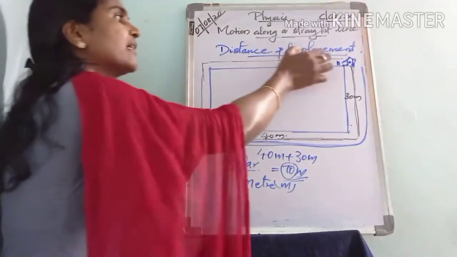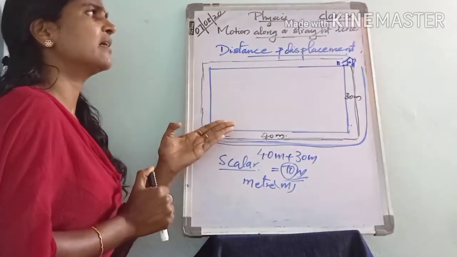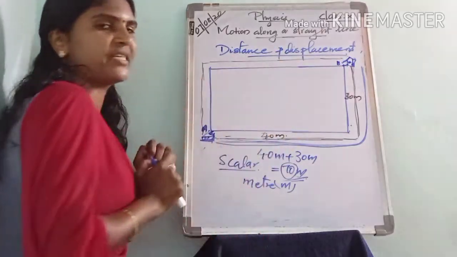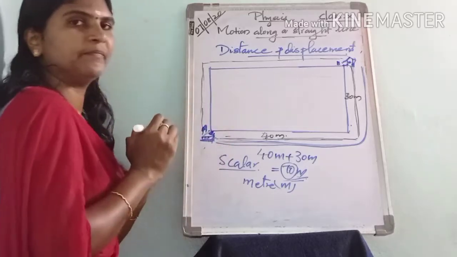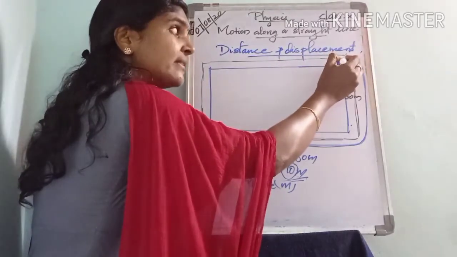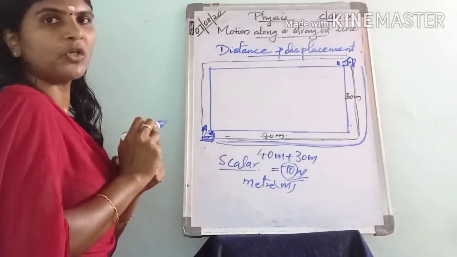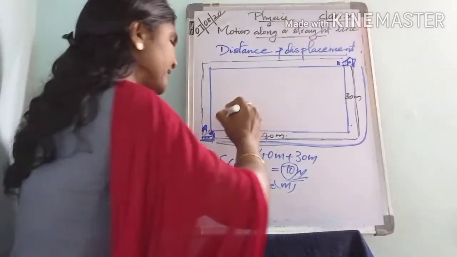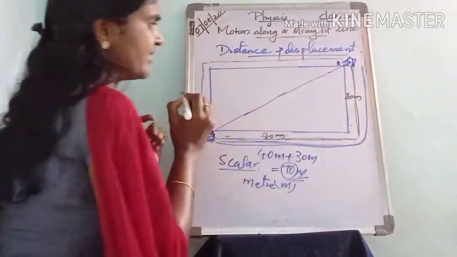Next comes displacement. Displacement means the shortest distance between the initial and final position. This is your initial position, and now you are here, so this is your final position. So displacement is the shortest distance between the initial and final position.